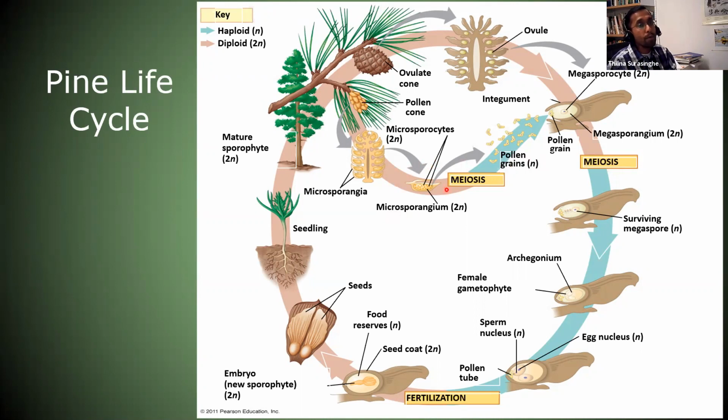Microsporocytes, there are so many microsporocytes inside the microsporangium. There's only 1 megasporocyte inside the megasporangium, right? So many microsporocytes inside the microsporangium. That's a contrast, right? And then when microsporocyte undergo meiosis, they produce pollen grains, right?